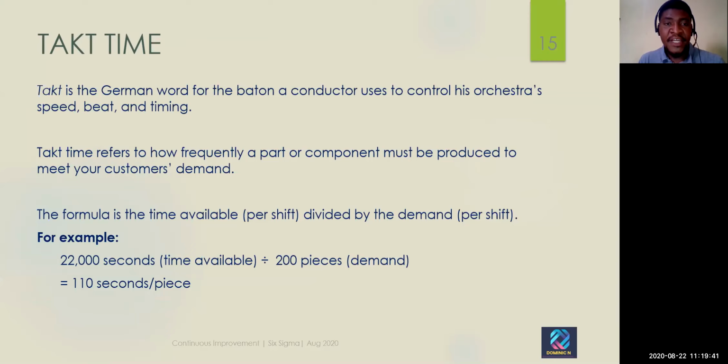So if in a shift you have a particular amount of time and you have to produce, say, 200 cases of that product, your takt time is when you take the time that you have available and divide it by the number of pieces that you need to produce in that period. That's what you call your takt time. So it's a terminology and a tool that is used in Six Sigma. So it's good to know.